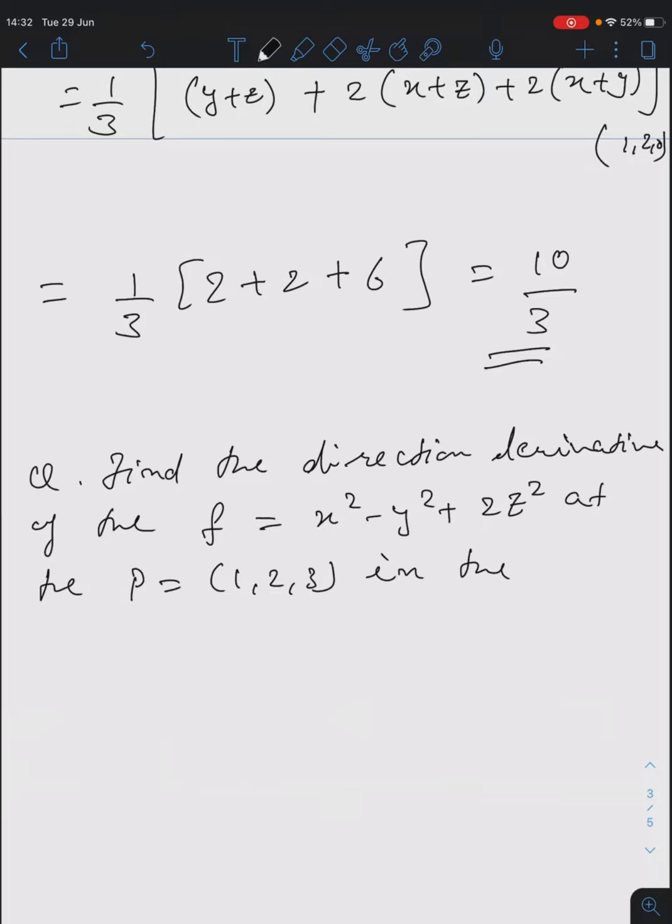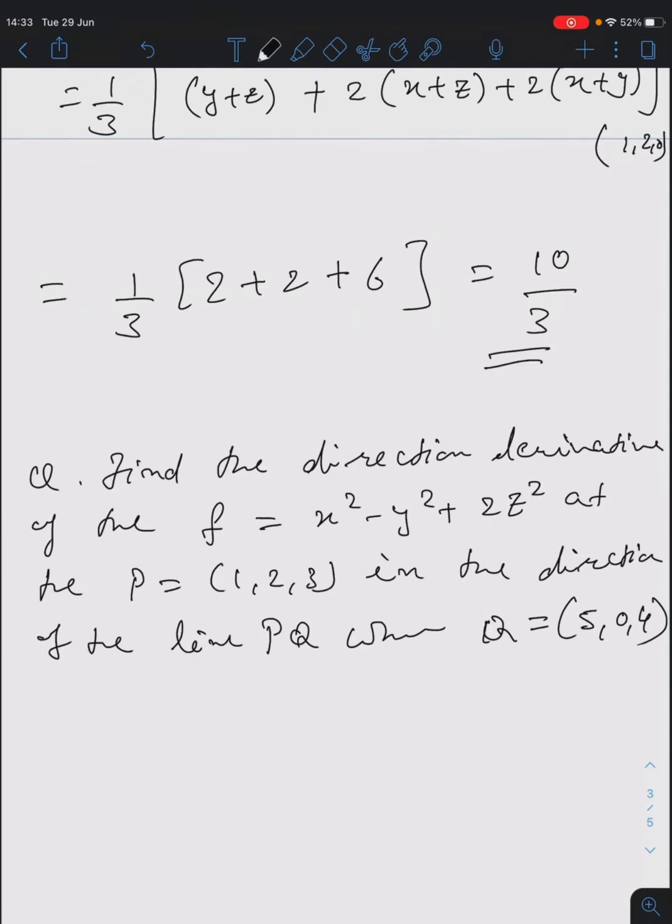You have to find it in the direction of the line PQ, where P is given, Q is given. You have to find the directional derivative of this given function at point P, but in the direction of the line PQ where point Q is 5, 0, 4. Will you be able to do it?